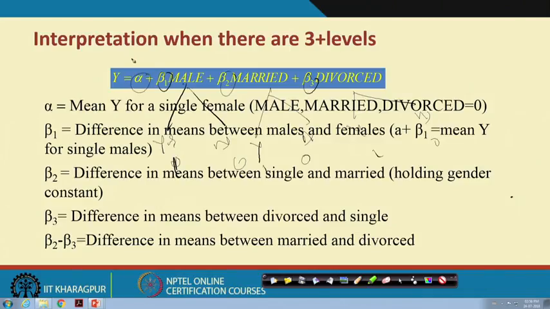So, it is not necessarily every time that you use male, female, or married, unmarried, divorced, not divorced. It can be any kind of engineering problem or any kind of socioeconomic problem where we can apply and develop models as per the particular requirement.